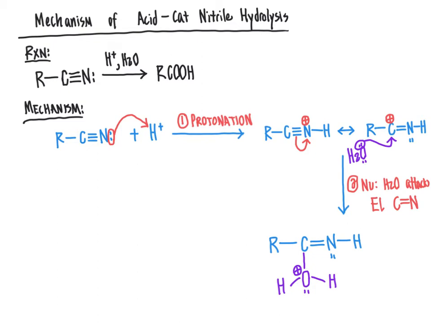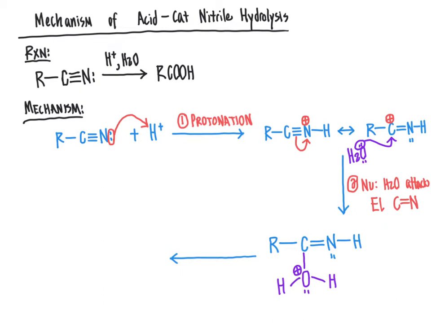Now, at this point, what will happen next in our reaction mechanism is that we are going to be transferring the proton that is present on the oxygen atom from here over to the nitrogen to make an NH2 group over here. Let's show that happening.